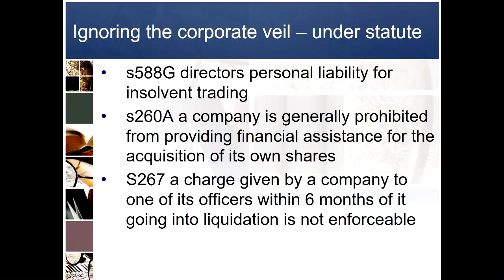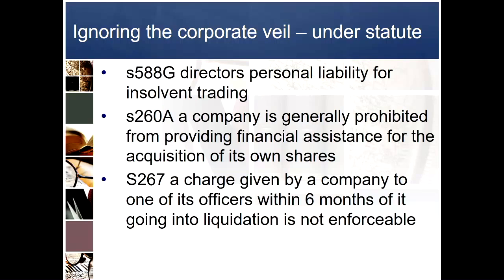Under the statutes, the corporate veil still applies, and these principles of separate legal entities still apply. But there are some exceptions. The main one in that list is Section 588G.